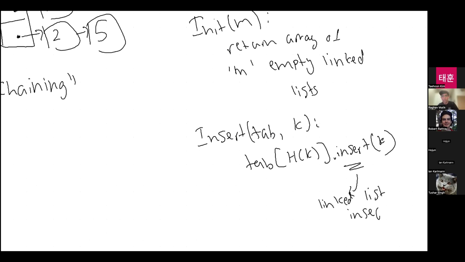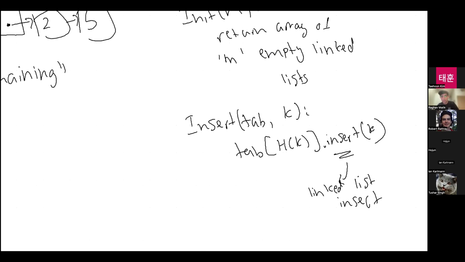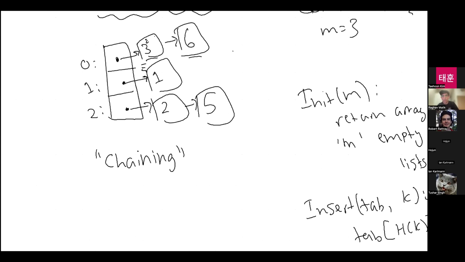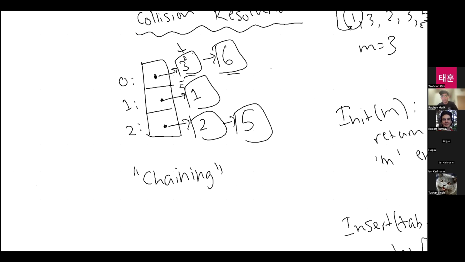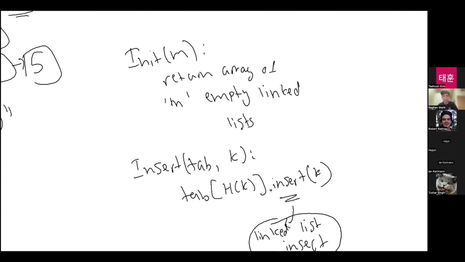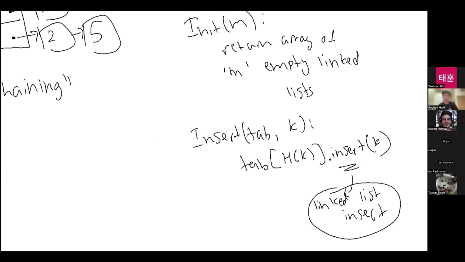And you can replace this linked list with your favorite data structure, right? You can put a doubly linked list here if you want, or a circularly linked list, or a binary tree, or something like that, right? But that's the idea.